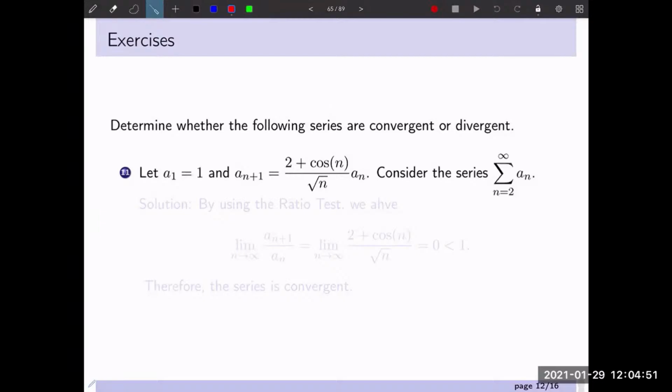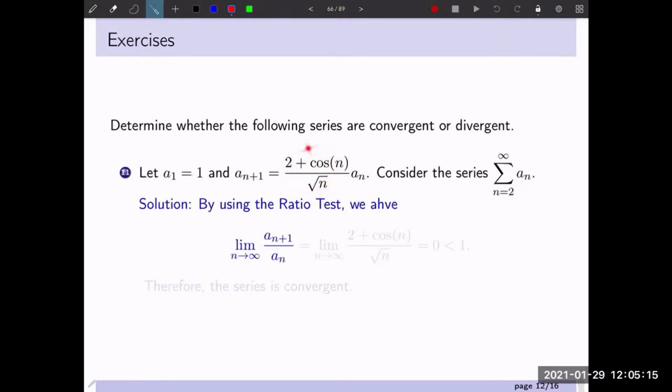Okay, so here, if you look at this number, the ratio, if you use the ratio test, first it's also a positive series because this ratio is always positive. Cosine n is smaller than 1, bigger than -1, so 2 plus cosine n would be a positive number.